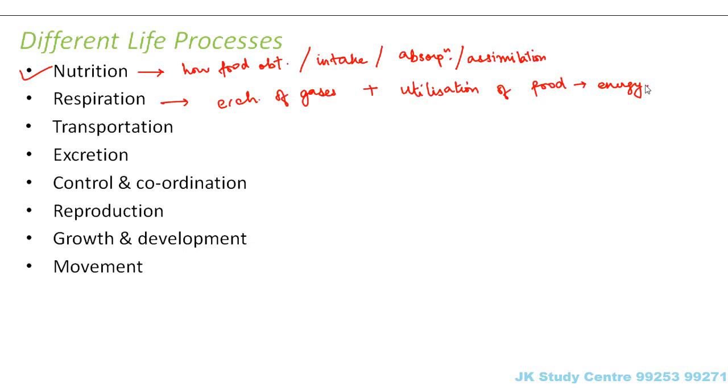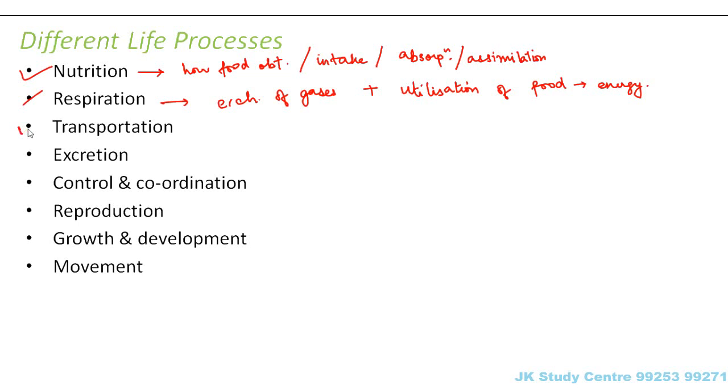Now, in order to produce that energy we need some gases, so we will talk about that exchange of gases as well. So respiration is the process which deals with the production of energy from the absorbed food, because energy is the primary thing. Energy is needed by every living organism for performing all kinds of activities.